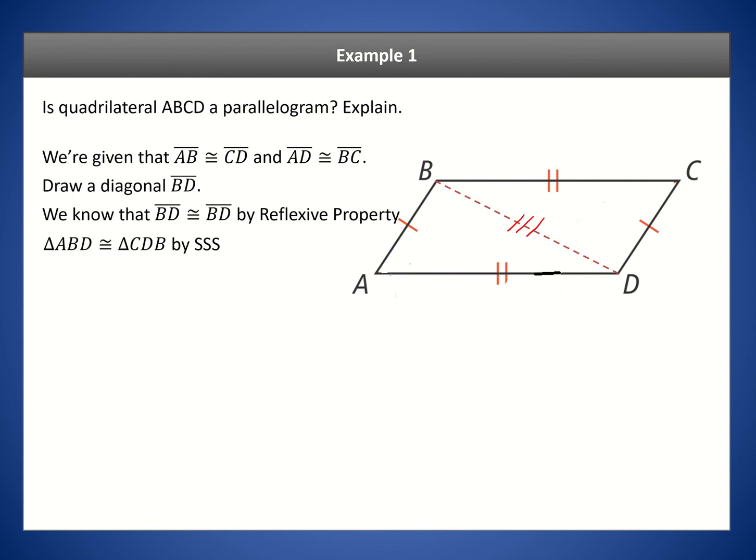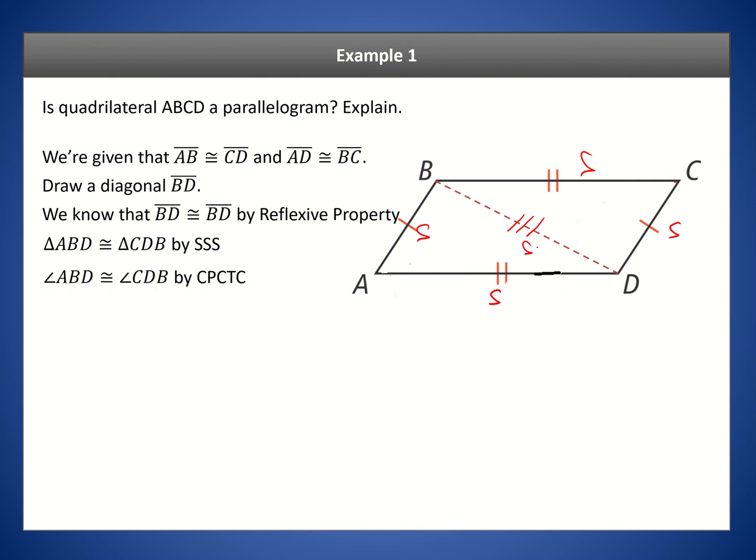Because we have three sides, we have a side, side, side, and a side, side, side here for these two triangles. This means that by SSS, these two triangles are actually congruent. And this is exactly why we drew this diagonal. So now we know that these two triangles that we divided this parallelogram into are congruent.